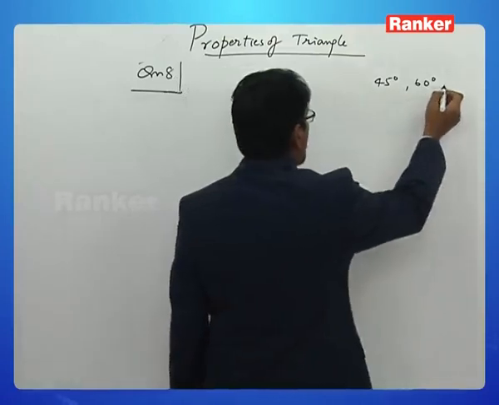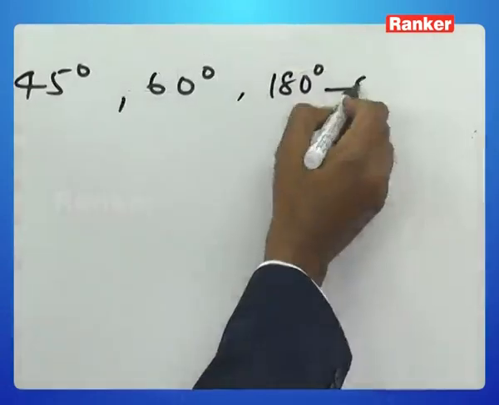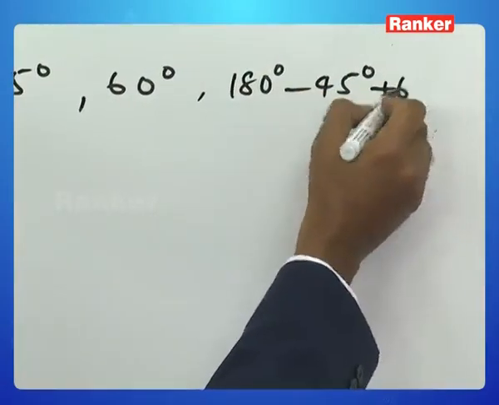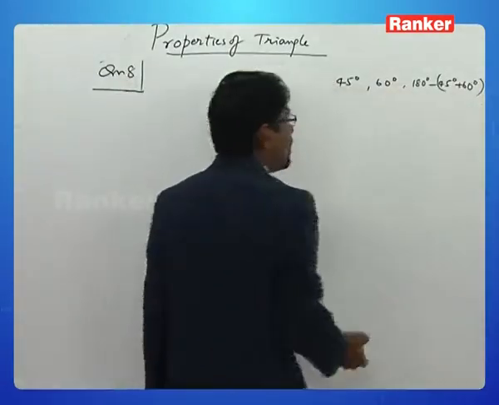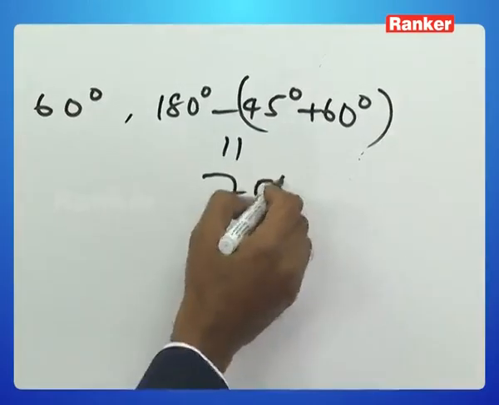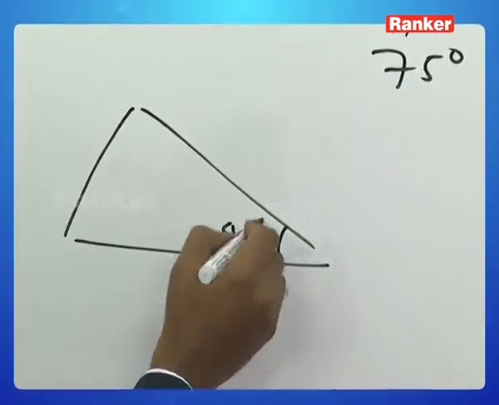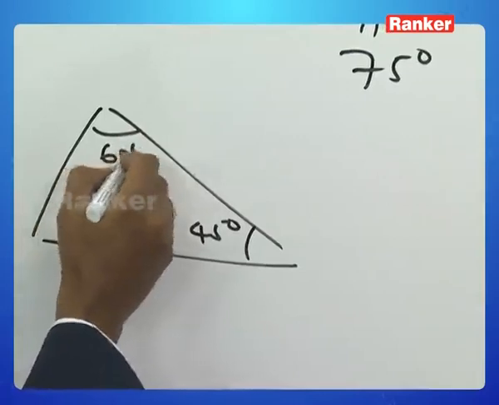So obviously the third angle should be 180 minus of 45 plus 60, that's clearly 75.